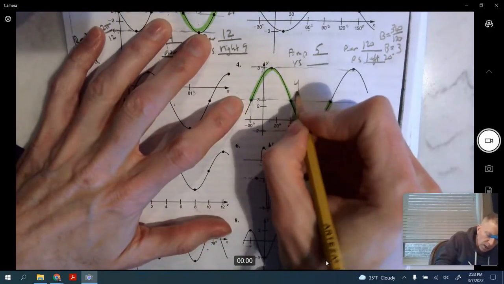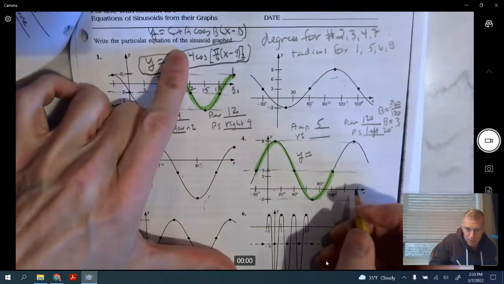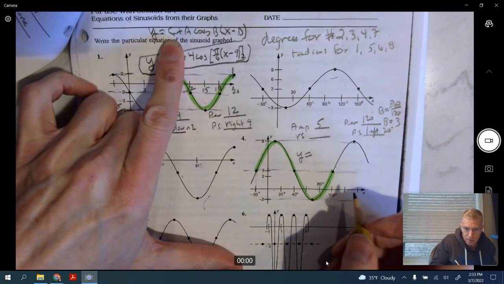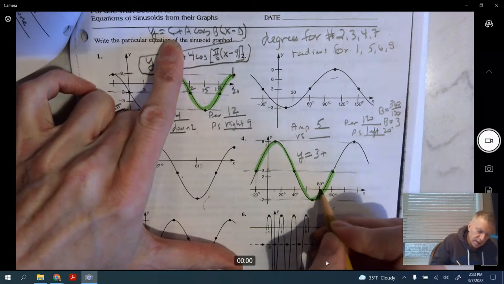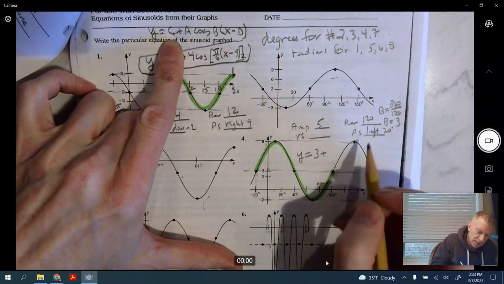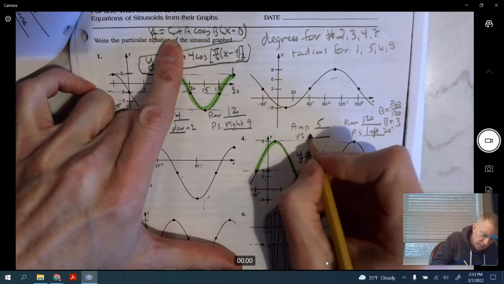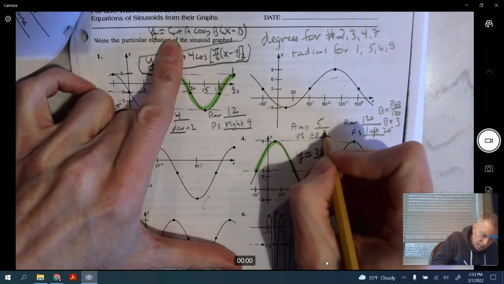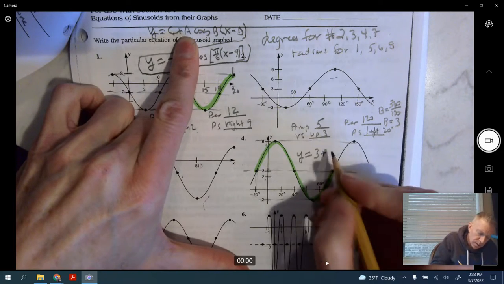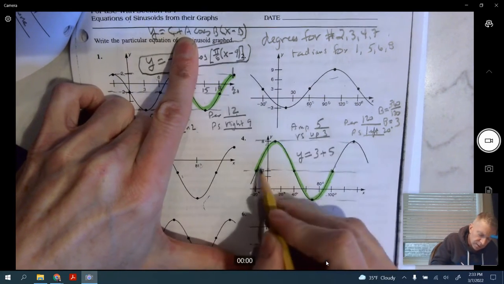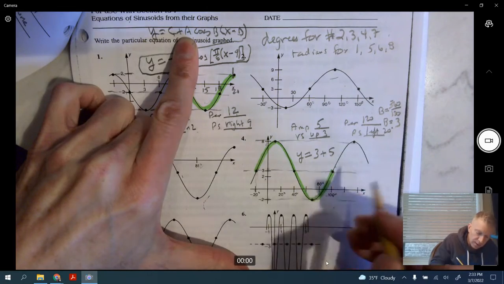Okay, so you've got y equals your c value. C value is your vertical shift, so 3 plus your a value, which is my amplitude. Oh, I didn't write the vertical shift there. Up 3. So the a value, which comes from your amplitude, it's positive because it's a right side up sine graph.